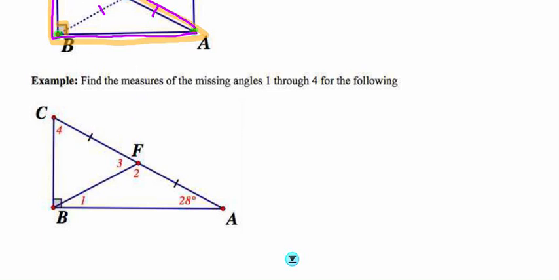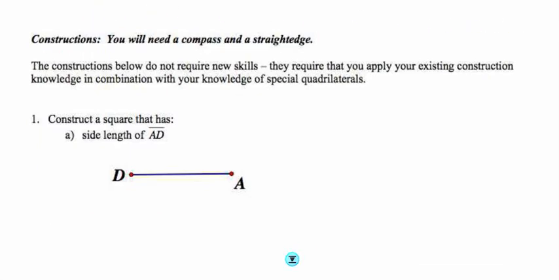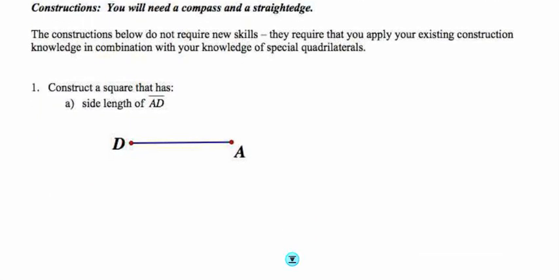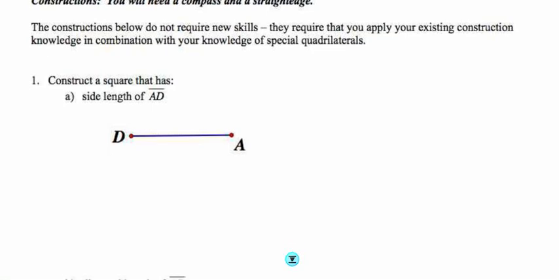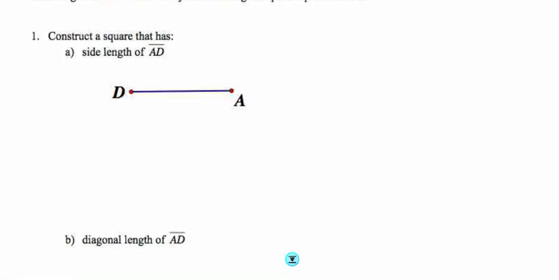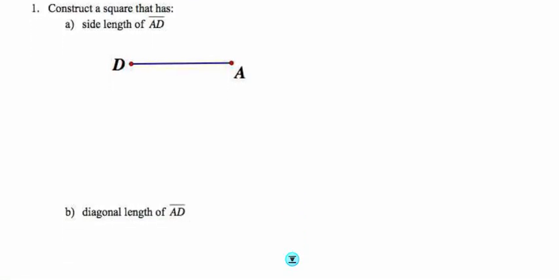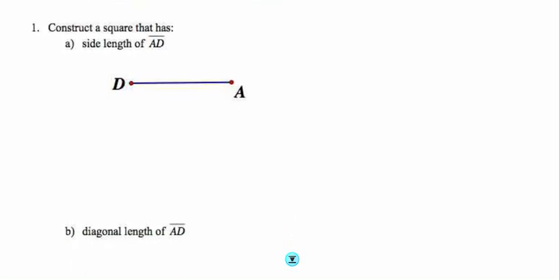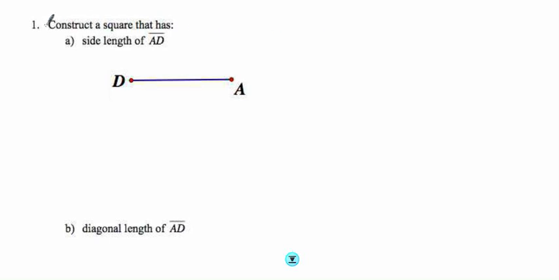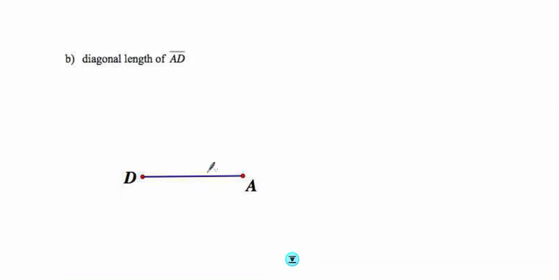In addition to that, go ahead to the constructions page, and what I'd like you to do for this, before you watch the second part of the video, is to write a plan for how you would construct a square with a given side AD and a square with a given diagonal AD.